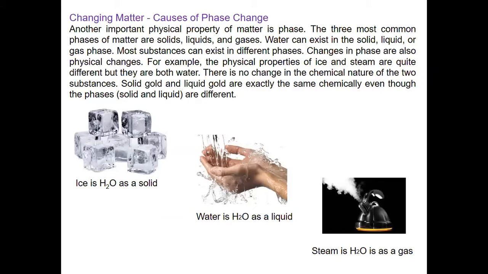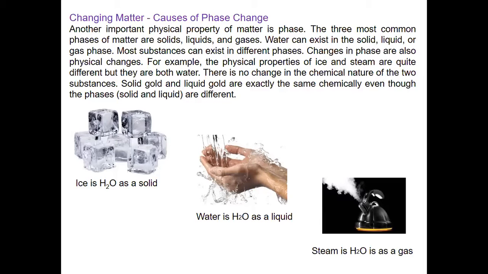And there's actually other phases as well. There is plasma, and depending on who you ask, there's actually quite a few other phases. But we're going to focus on solid, liquid, and gas right now. And we will talk about plasma a little bit later on, so hang on.